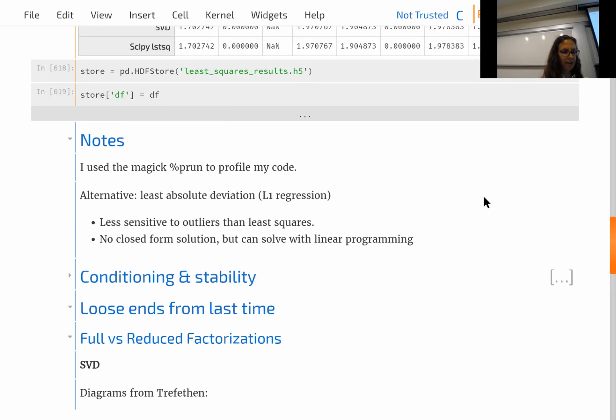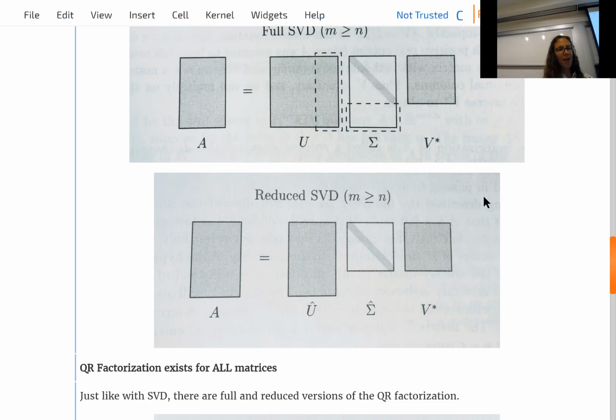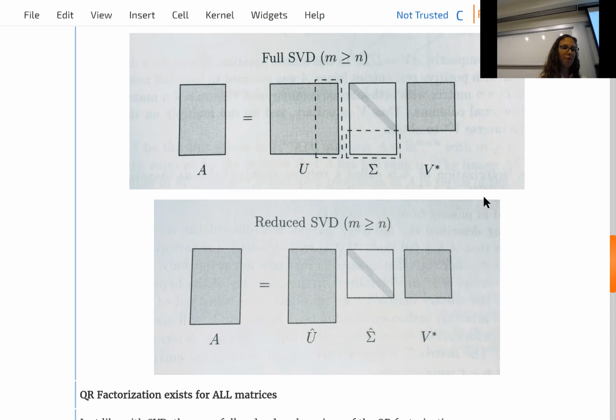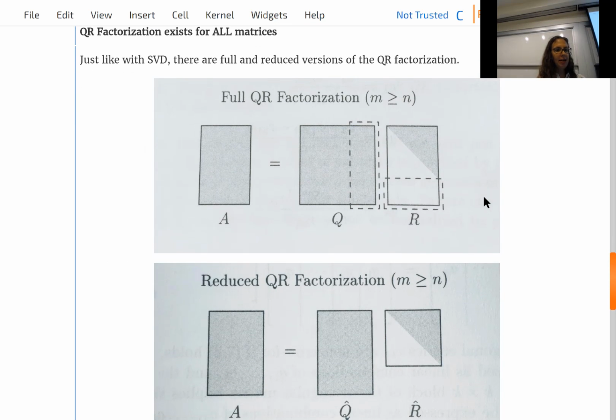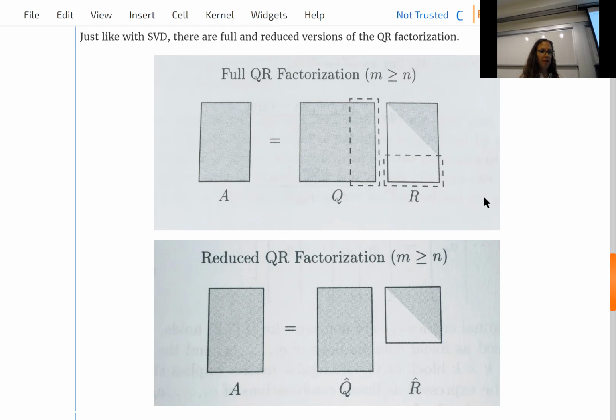Okay, so let's go back. While we're talking about full versus reduced, I wanted to say that QR also has full and reduced versions, and it's a very similar idea. If you've got a rectangular A in the reduced version, you're just getting a rectangular Q and a square R, which is upper triangular.